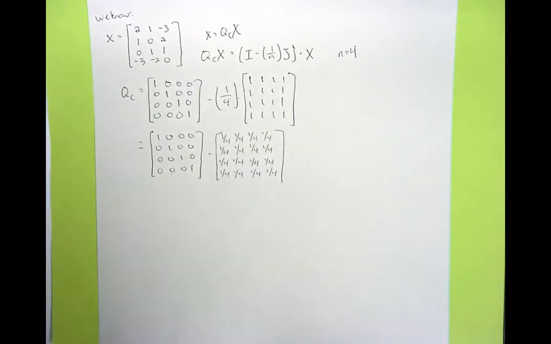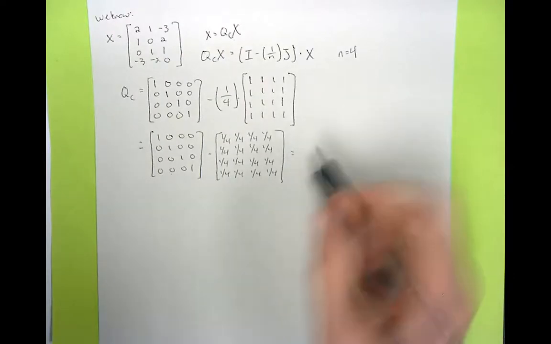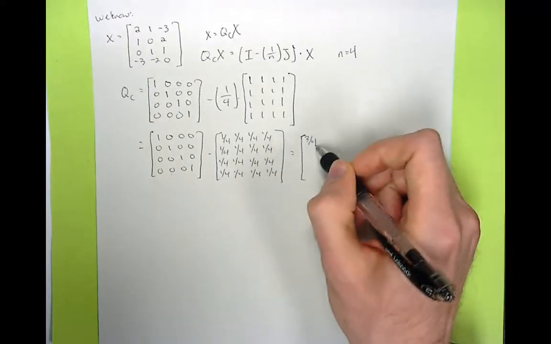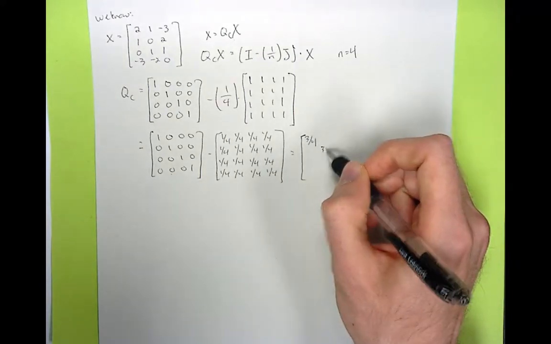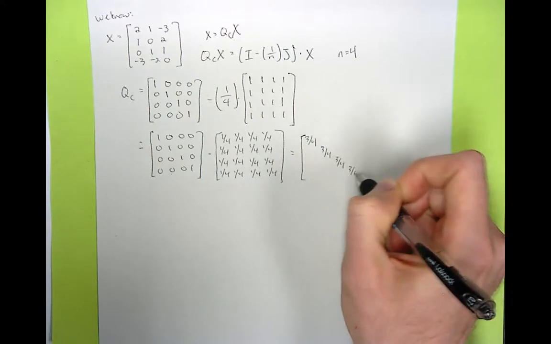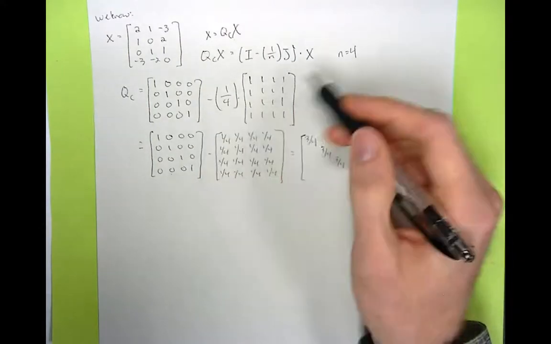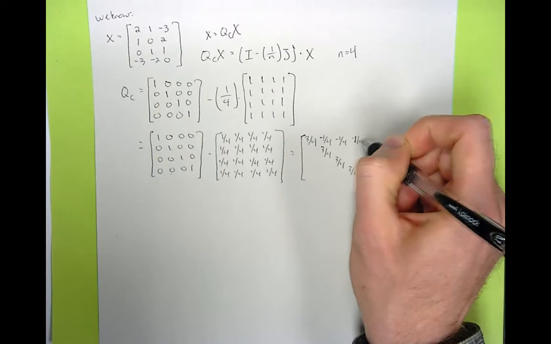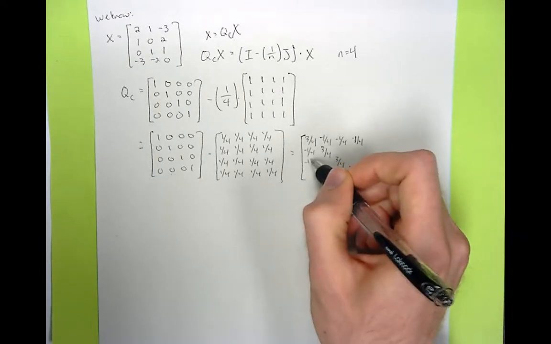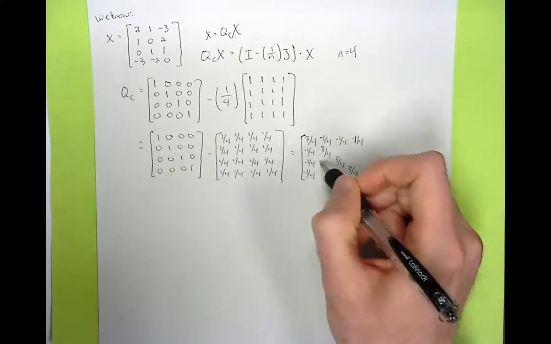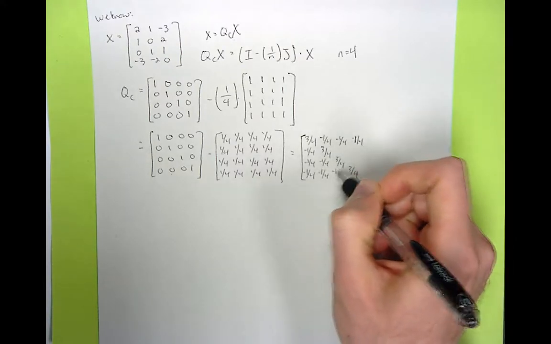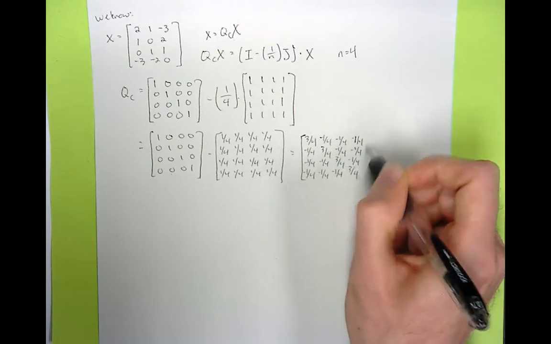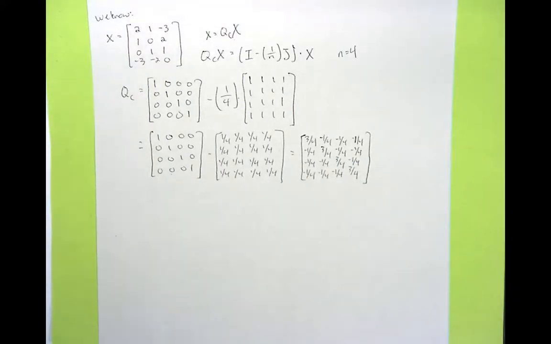And then you just subtract 1 minus 1/4 gives us 3/4. We actually know that that will be on each diagonal. And 0 minus 1/4 will give us negative 1/4. Okay, so that's our centering matrix.